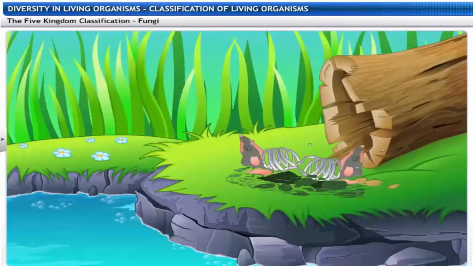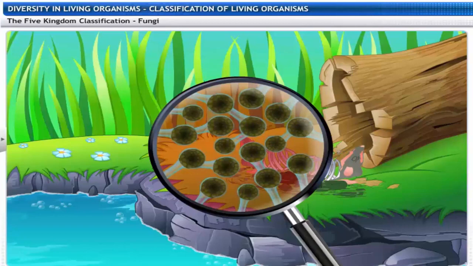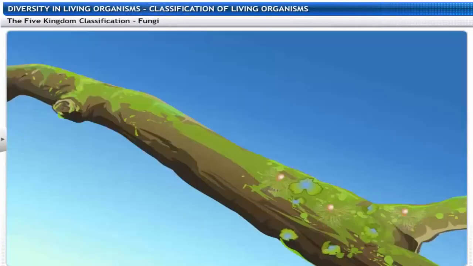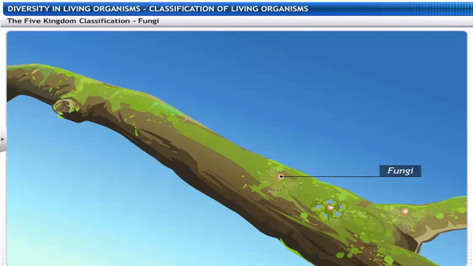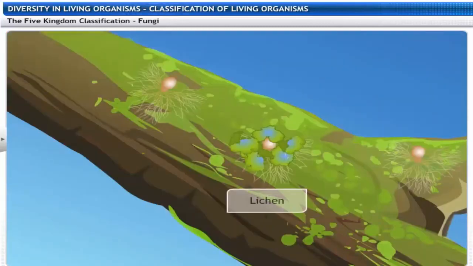Fungi decay dead plants and animals to derive their food. Hence the name saprophytes. There are some fungi that live in a mutual relationship with blue-green algae. Both fungi and algae together are known as lichen, and this relationship is called symbiosis.